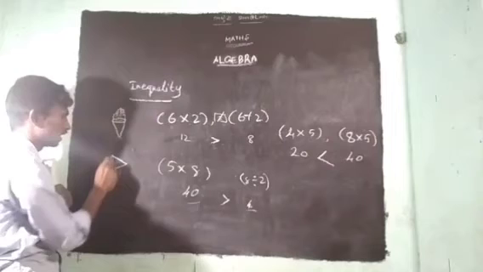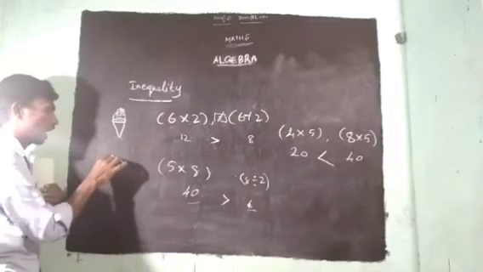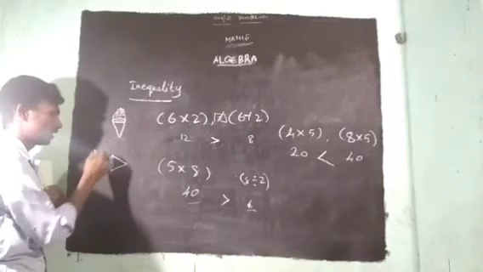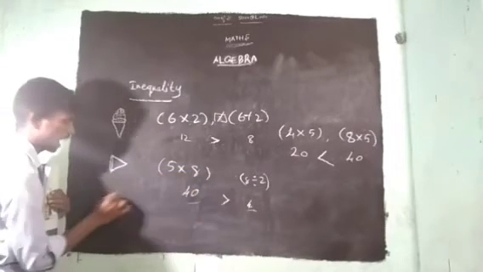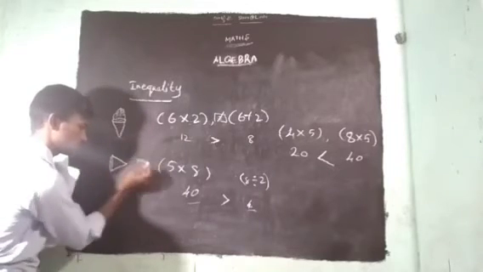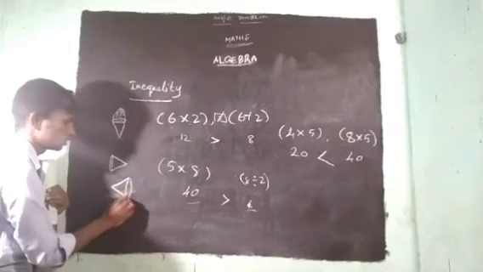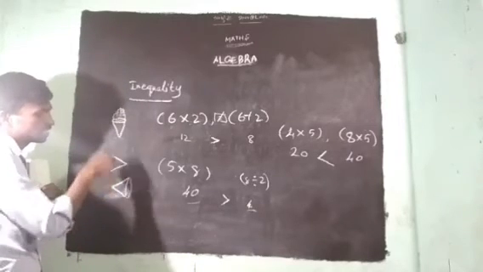Just look at the same thing. It is the greater than symbol. If you have the greater value on this side, you need to put this. Suppose you have the greater value on that side, you need to put like this. This is the simple example.